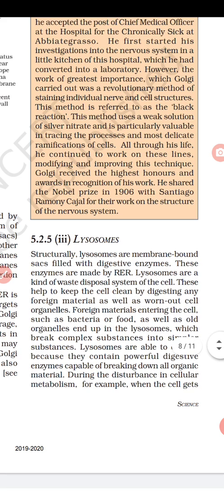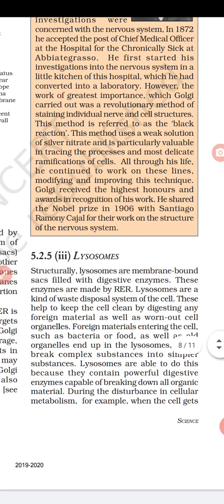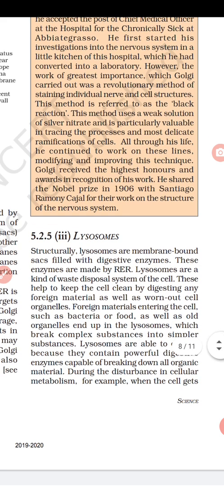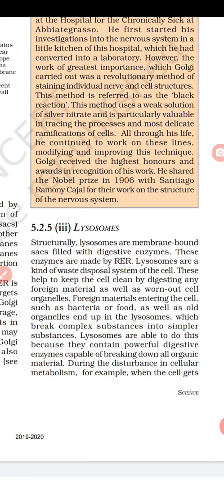These lysosomes help to clean the foreign material with the digestive enzymes, and also wear out the cell organelle. Wearing out the cell organelle means that if any cell organelle is damaged and not working properly, it also helps to wear out that cell organelle.